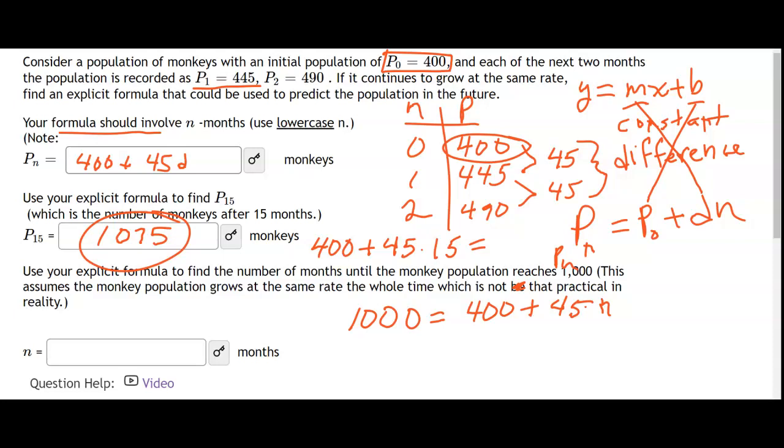So if we solve this equation for n, we have to subtract 400 from both sides. So that gives us 600 is equal to 45n. And now, of course, we're going to divide both sides by 45. And that will give us 600 divided by 45 is about 13 point something. 13.3 repeating.